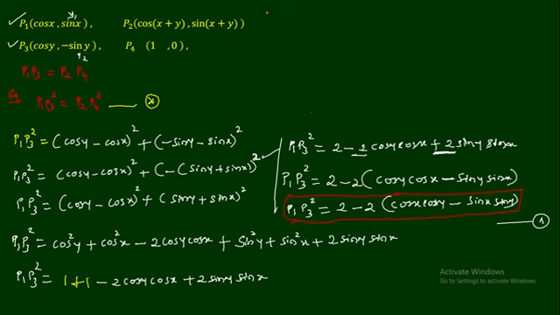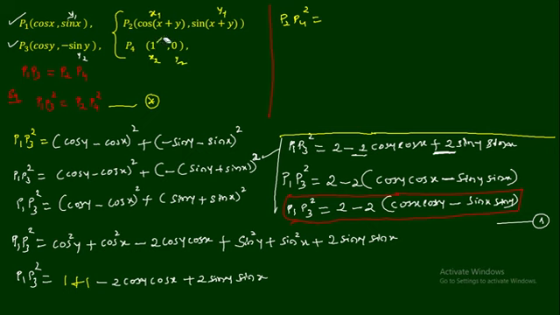Next, coming to P2P4 whole square. Look at this. Here only I'll take the P2P4 whole square because the points I can see easily. So P2P4 square is equal to, this is P1P3 square, keep it separately. Now P2P4, again distance formula. This is x1 y1, this is x2 y2. So again x2 minus x1 the whole square.